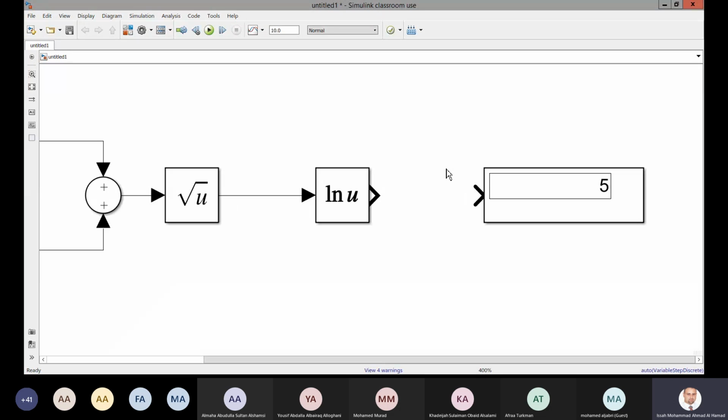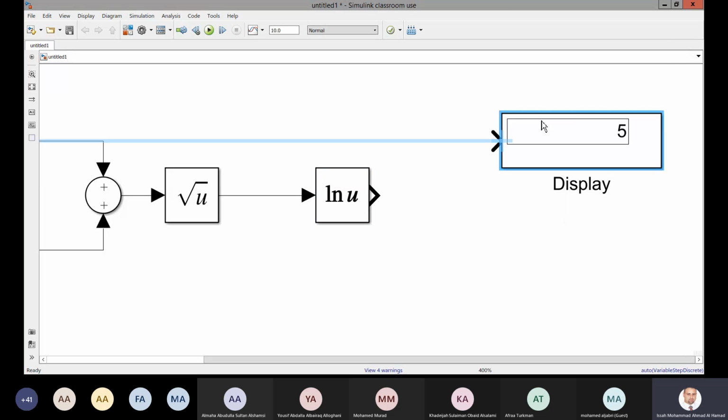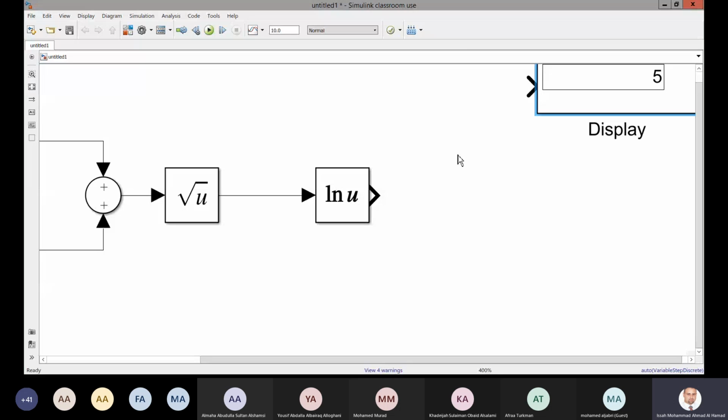Now, if you press Control and hold Control, press on this block and press on this block, they will be connected automatically.